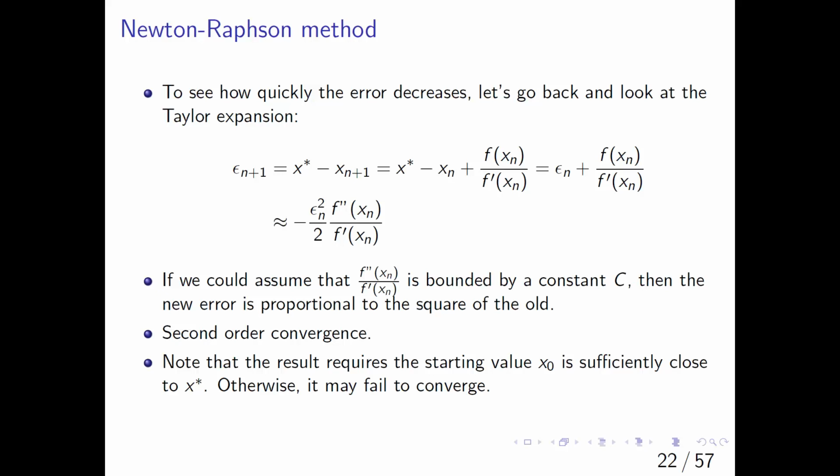That means the magnitude of the approximation error at the next step is reduced. So if we assume this constant is 1, then the new error is proportional to the square of the old one, which means the Newton-Raphson method has second order convergence.